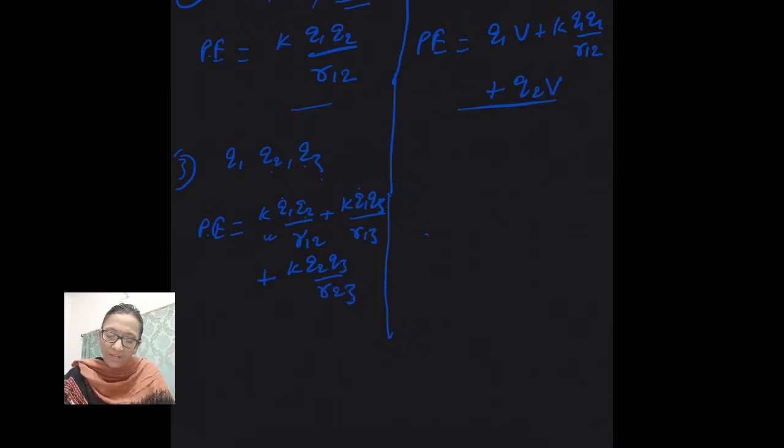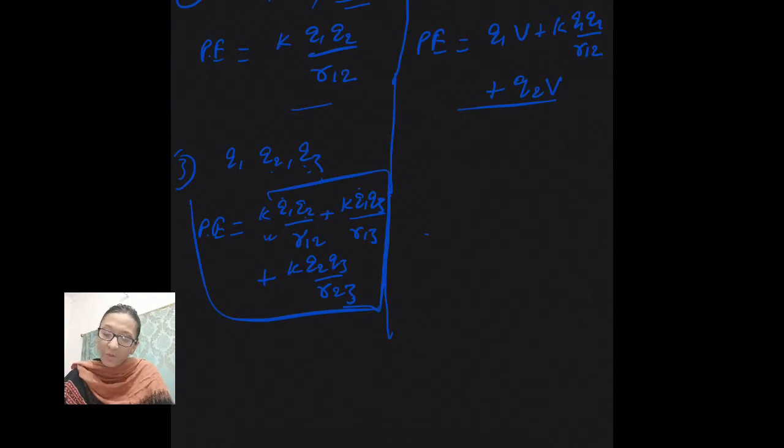Q2 Q1 you have already written. And when you take Q3, you have already added potential energy with Q1 and Q2 separately, so we will not add any more term. So this is your potential energy.